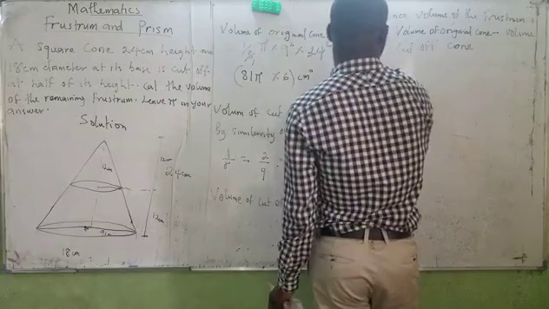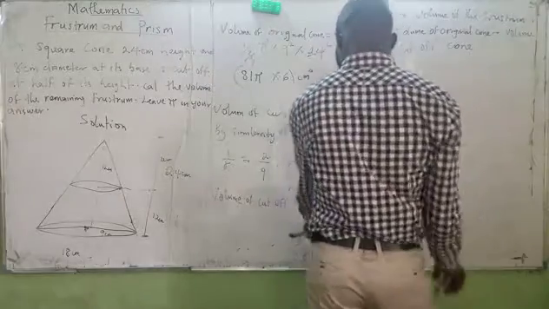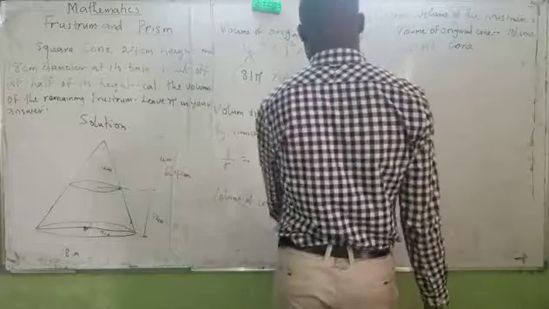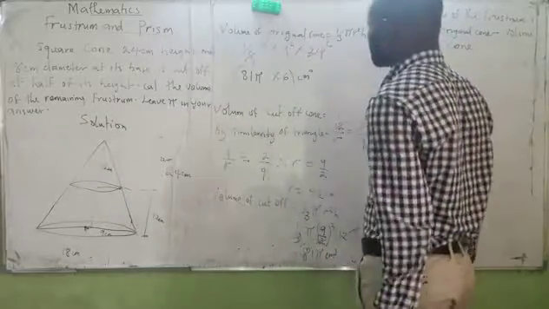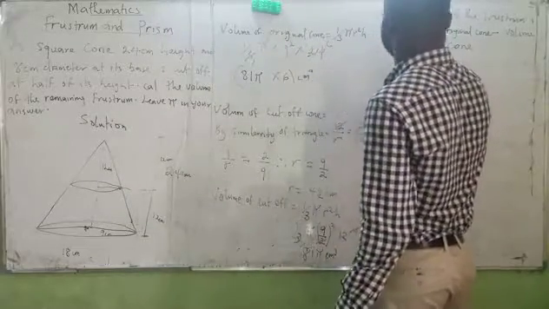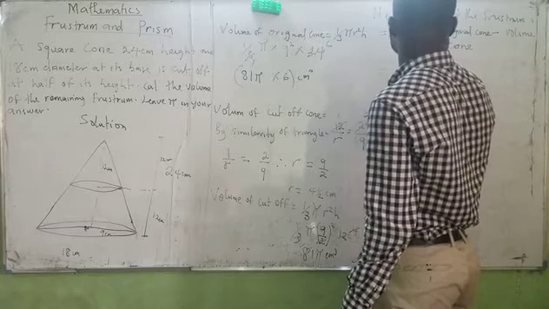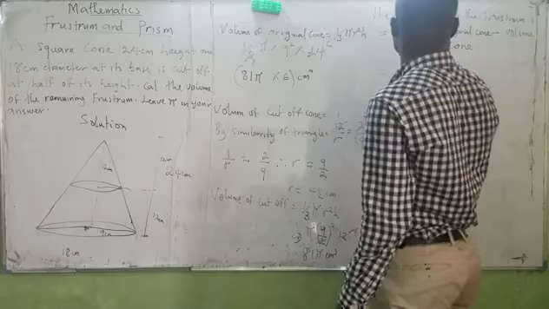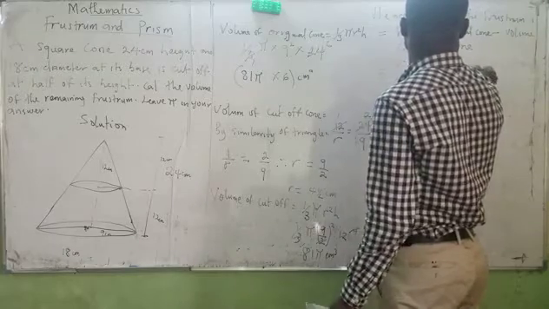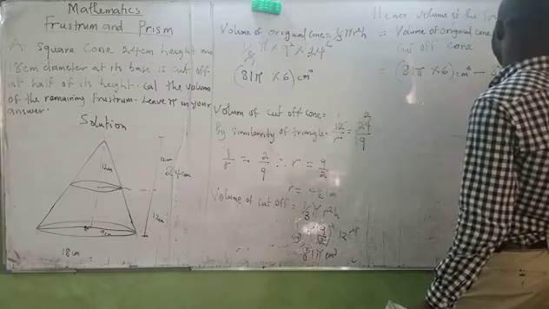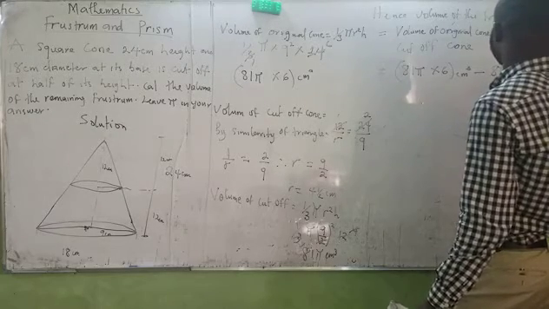Now it means my frustum will be equal to 81 pi multiplied by 6 centimeter cube minus 81 pi centimeter cube.